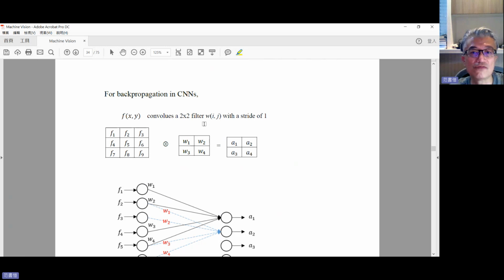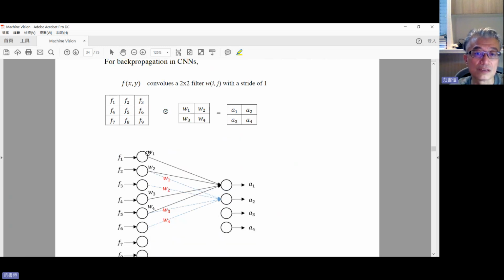Consider a 2x2 filter Wij with a stride of 1. Each time, F1, F2, F4, F5 are multiplied by W1, W2, W3, W4. So you can see that W1, W2 correspond with F1, F2, and F4 times W3, F5 times W4.